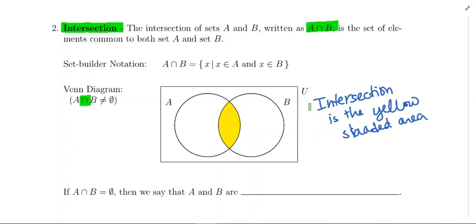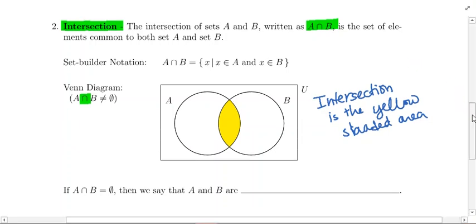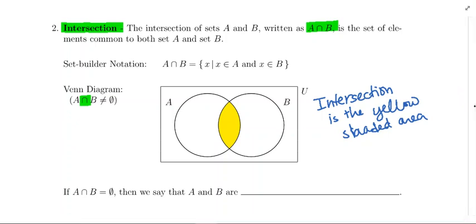Now, here's the thing. It is possible for two sets to have absolutely nothing in common. If that were the case, the Venn diagram would not look like this, because sets A and B would not overlap.